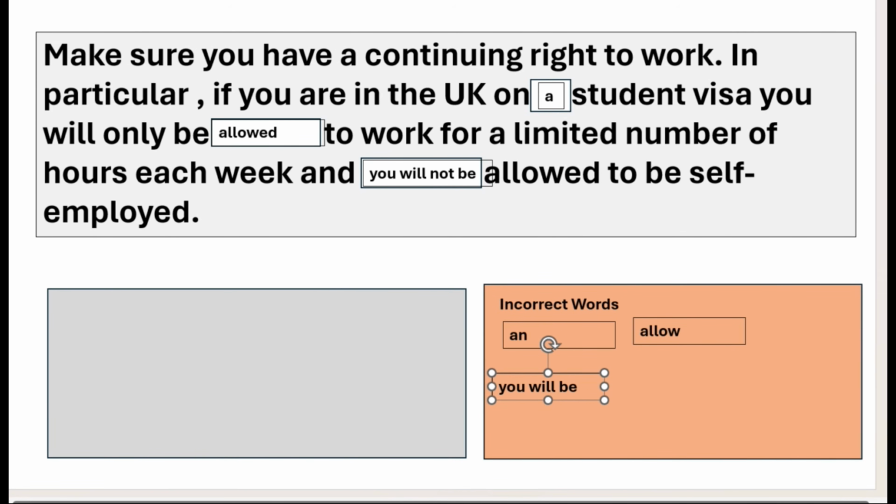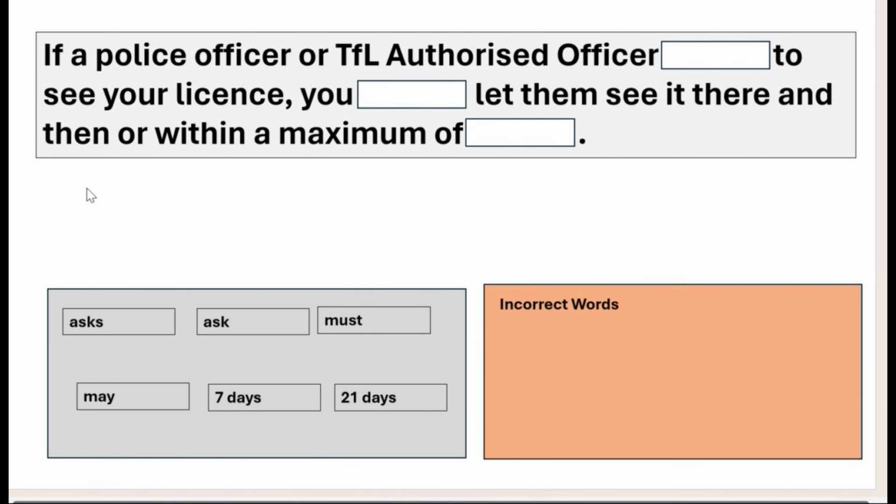Okay, let's go for the next one. This is again a conceptual question. It's not going to happen with grammar alone. If a police officer or TfL authorized officer asks to see your license, should it be "asks" or "ask", with S or without S?